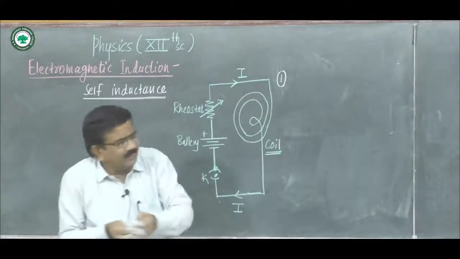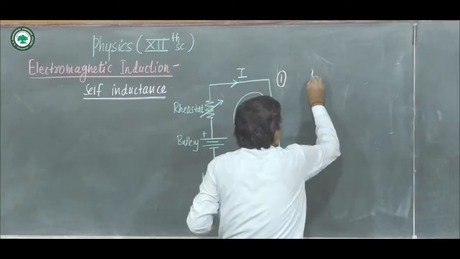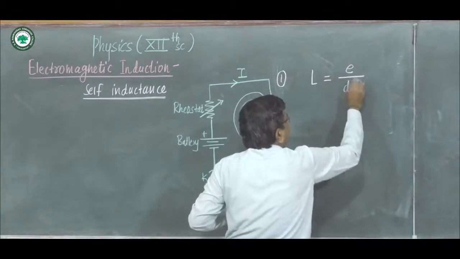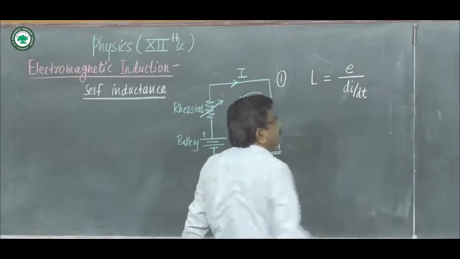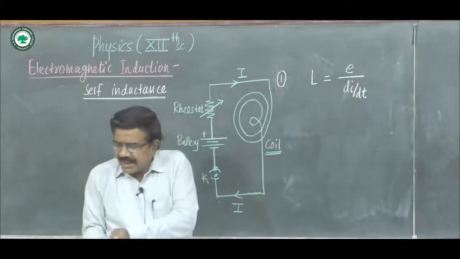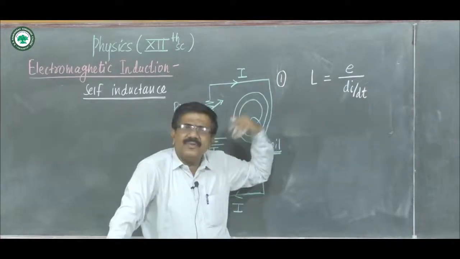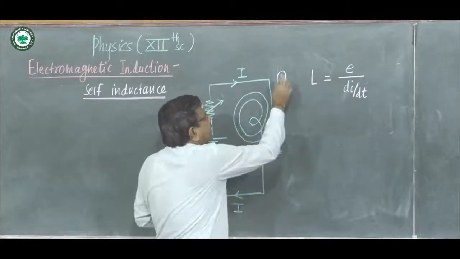As we know, L is equal to E upon di upon dt. By using this formula, we can write its second definition.